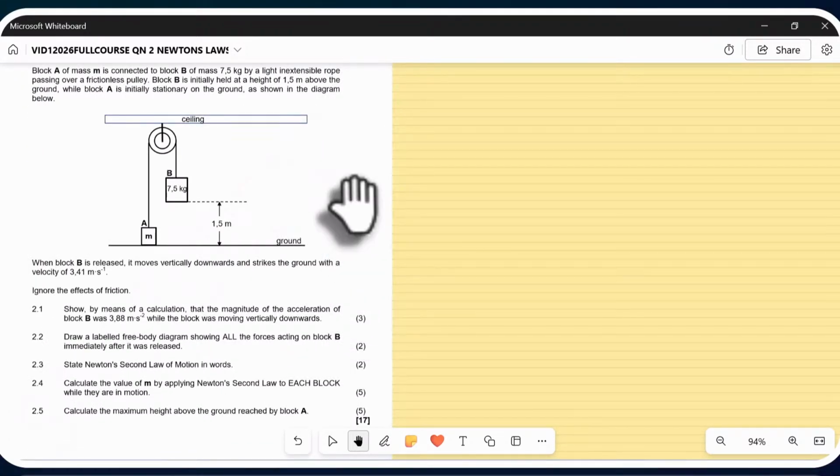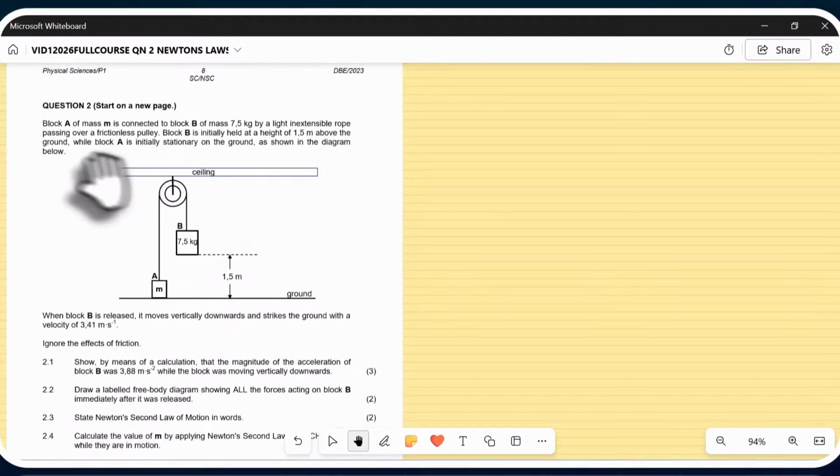It says that block A of mass M is connected to block B of mass 7.5 kilograms by a light inextensible rope passing over a frictionless pulley. Block B is initially held at a height of 1.5 meters above the ground, while block A is initially stationary on the ground, as shown in the diagram below.